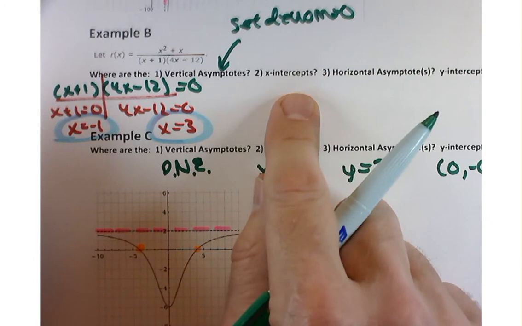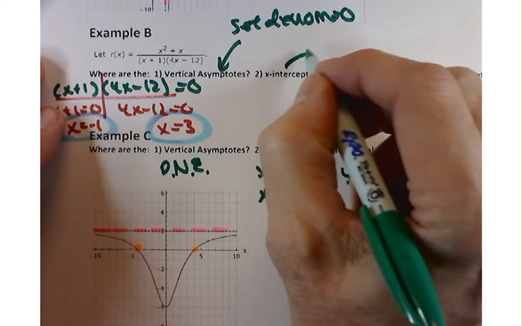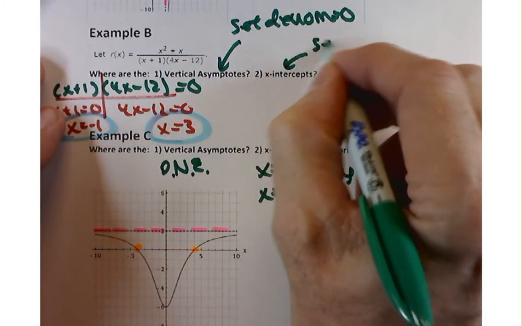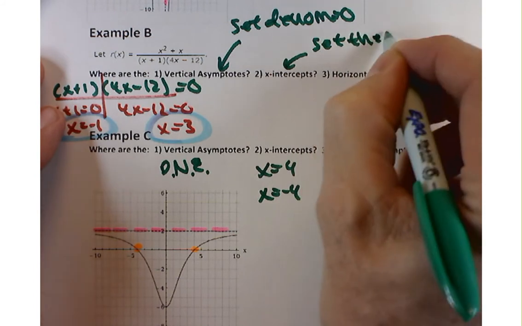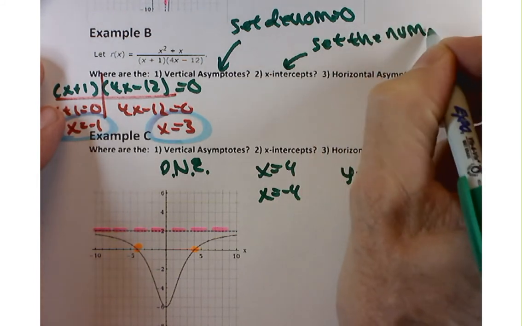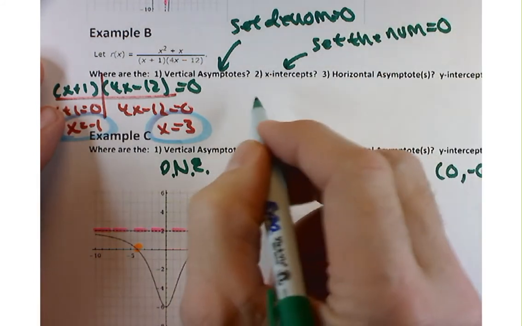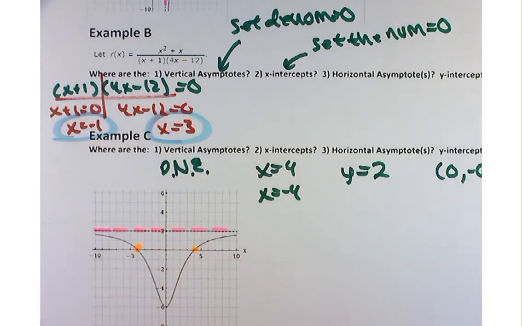X-intercepts. For this, you're going to set the numerator equal 0. Okay, let's do that. Should you factor out an x first? Well, we will as we solve it.